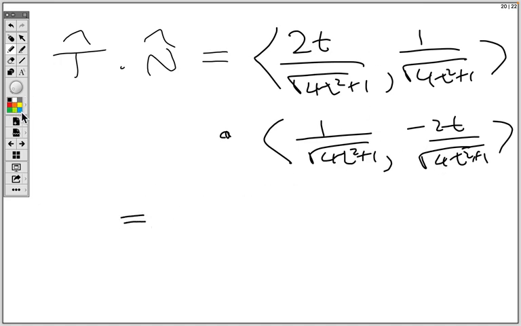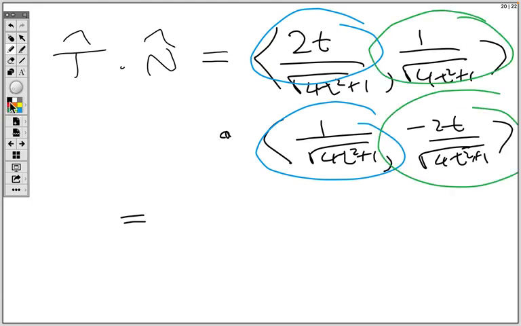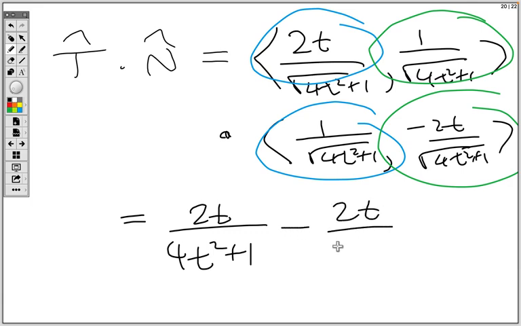And so you multiply the corresponding components, and then don't forget to add them up. So we're going to have a 2t times 1. The square roots cancel out. And then we're going to have a minus 2t. Roots cancel out. Adds up to 0.